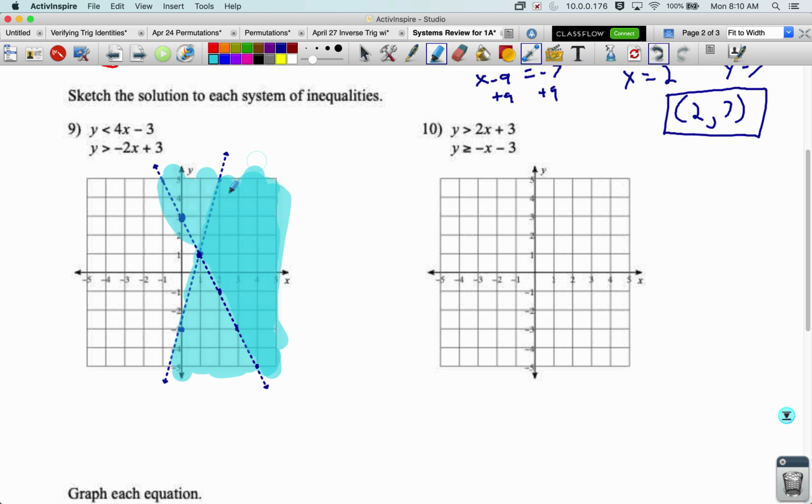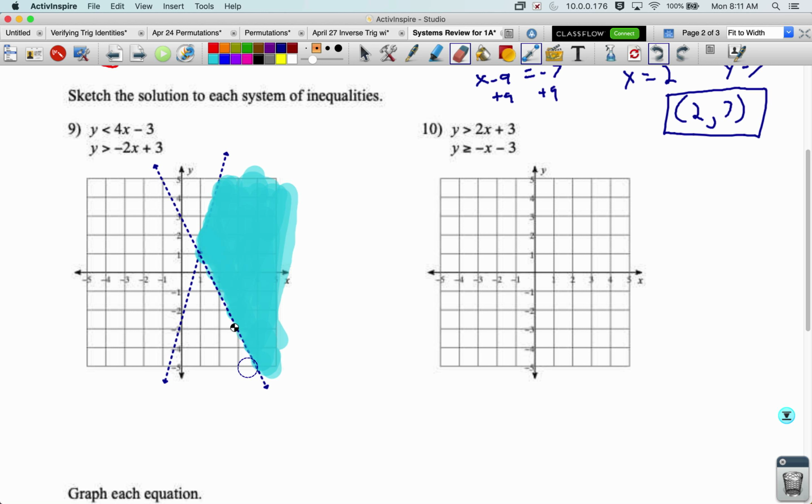This section right here is the darkest. So we can go ahead and erase the sections where it didn't overlap and only keep that quadrant of these intersections highlighted.